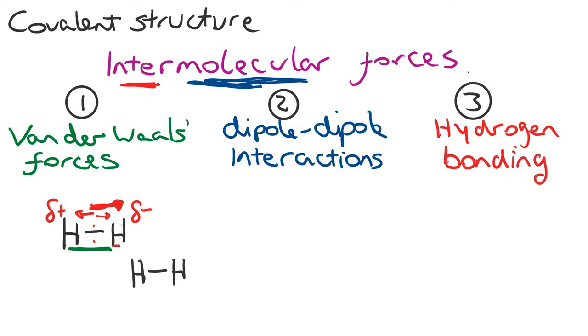So as that comes closer, suddenly the electron density that's fluctuating between these two hydrogen atoms starts to shift closer to this hydrogen atom, resulting in a partial negative here and a partial positive charge. What that means is we then will get a partial attraction between one side of this molecule and this side of a neighboring molecule, because we've got a partially negative charge here which is attracted to a partially positive charge here.